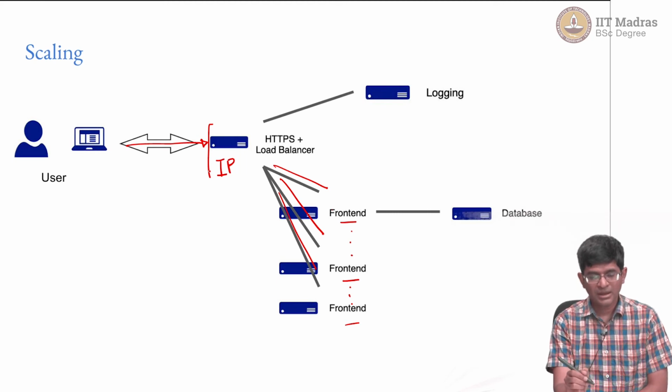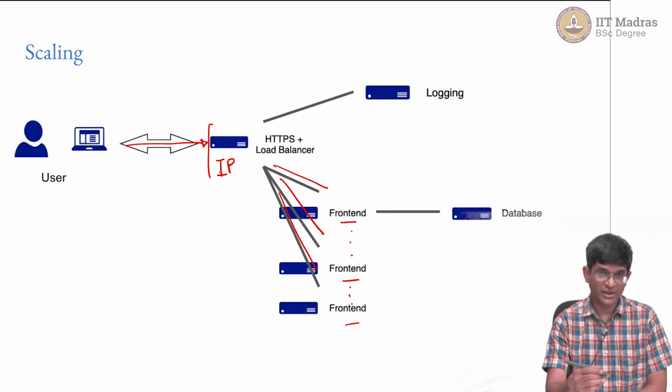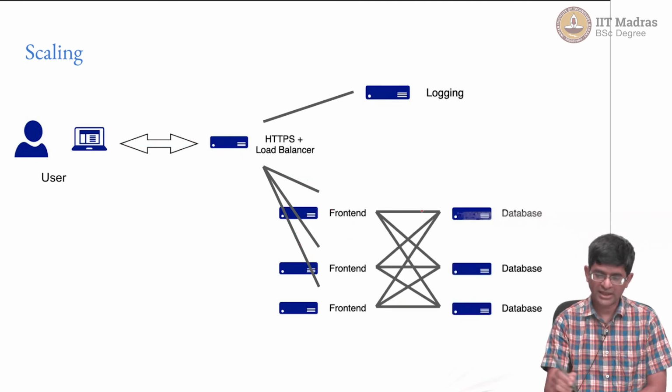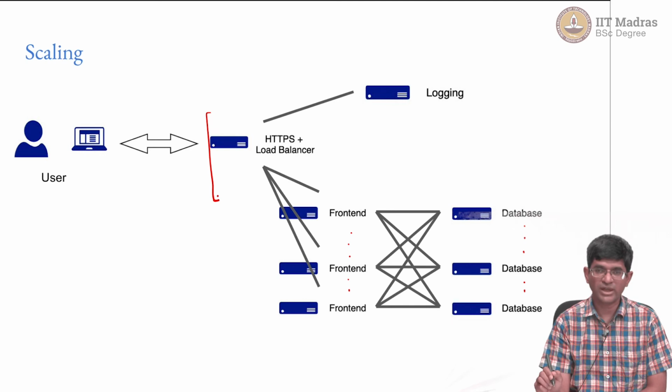And of course, because everything is now hidden behind this load balancer and the user never gets to directly interact with any of this side, you could also potentially have multiple database servers. At that point, there are multiple front ends talking to multiple database servers. Again, everything is hidden away from this point onwards. The user only gets to see the HTTPS load balancer.